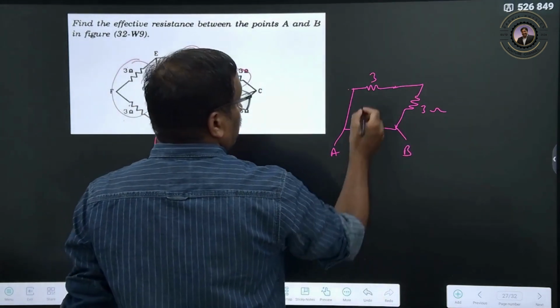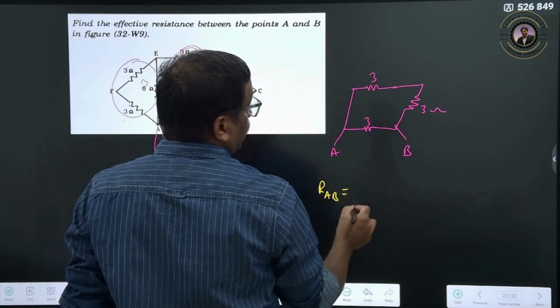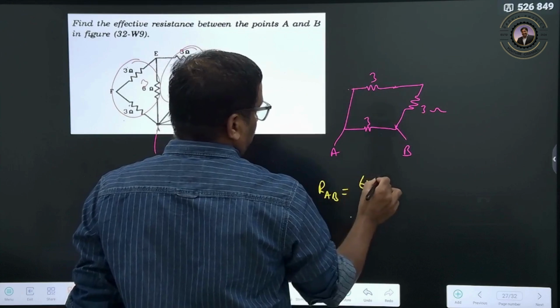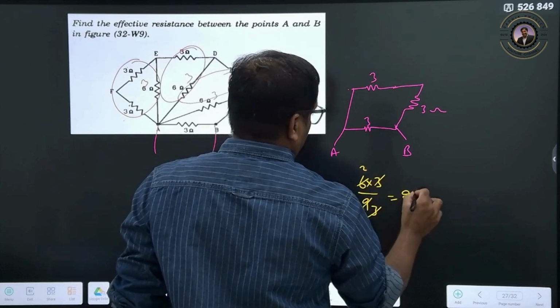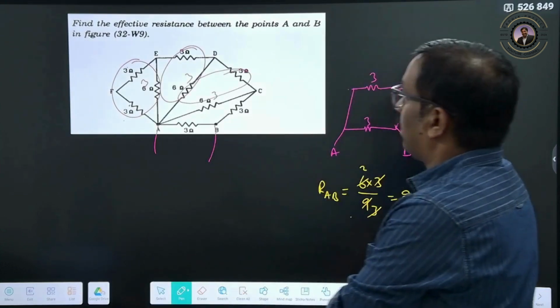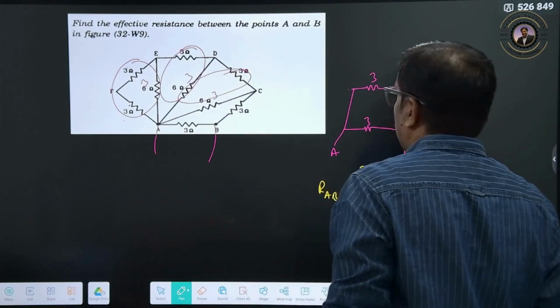Now these two are in series, therefore R_AB is 6 into 3 by 9, which is 2 ohms. So 2 ohms will be your answer. Clear? I think we did this type of question already. Now we'll go for this one.